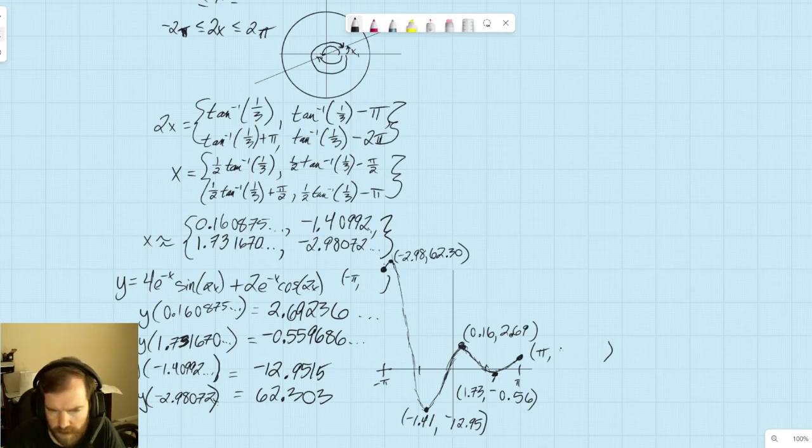Okay, so pi, comma, 0.086. And negative pi, I don't have it on the window, so x min -4.